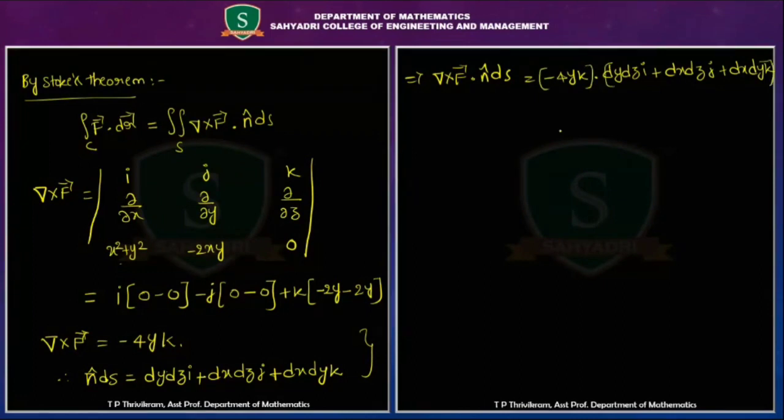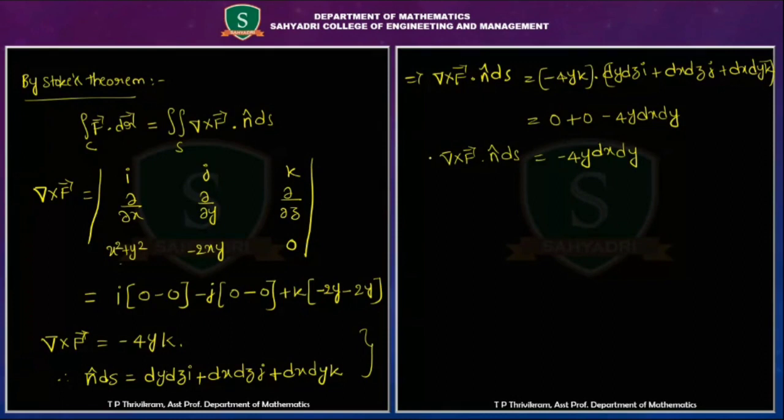Okay, so this one is equal to, so i component is 0 here, so 0 you'll get, again plus 0 you'll get, k dot k value is 1, so minus 4y into dx dy you'll get. So implies del cross f dot n cap ds is equal to minus 4y dx dy.